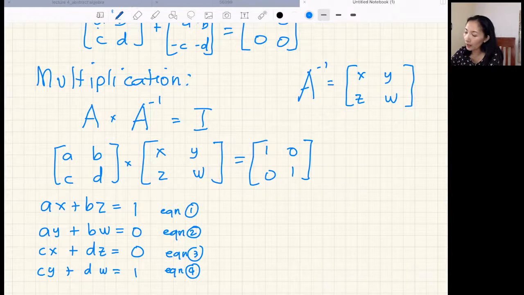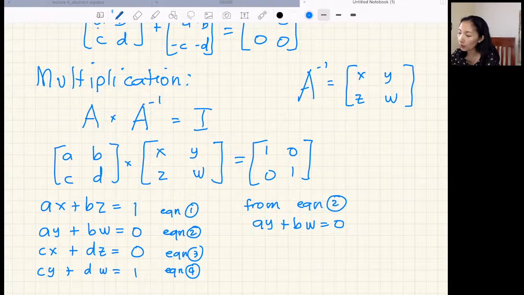I will begin with equation number 2: AY plus BW is equal to 0. Take note that X, Y, Z, W are what we are looking for.